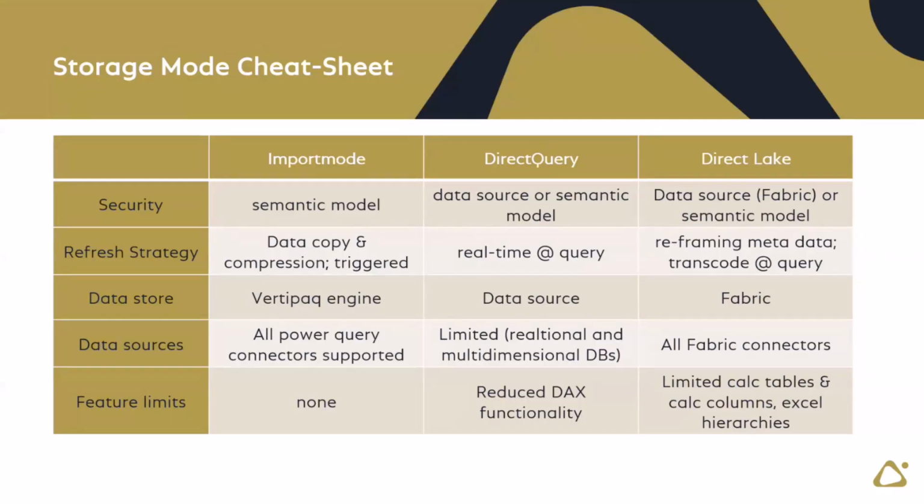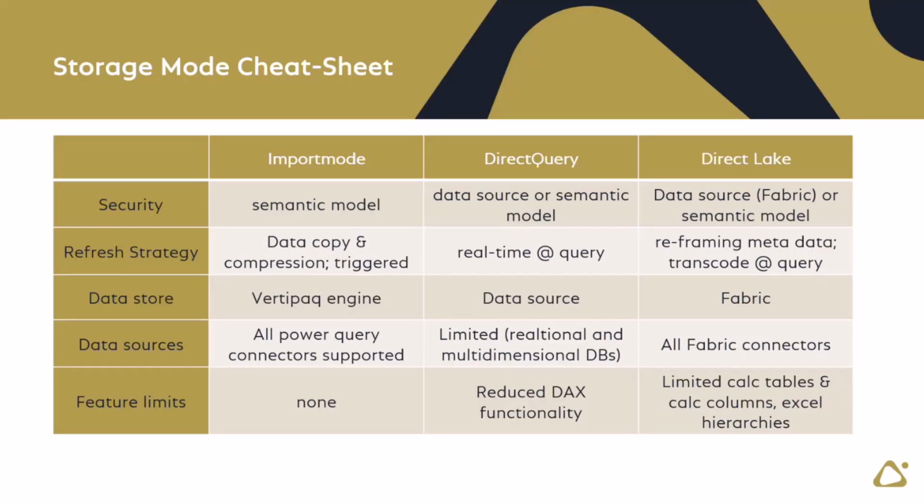And in DirectLake, you have constraints on calculated tables: you cannot reference or use any data which is stored in a DirectLake table. So you can just build your own calculated table by a DAX function.